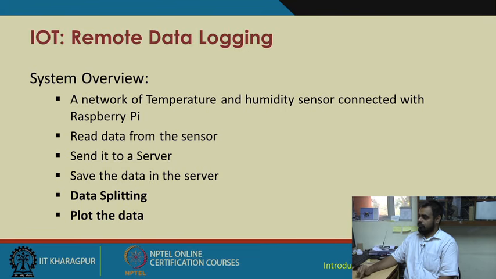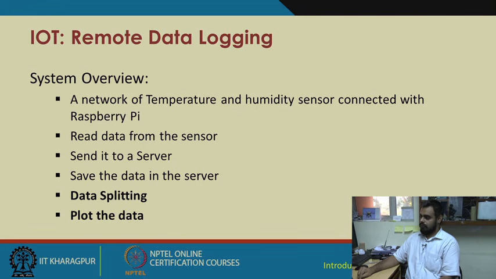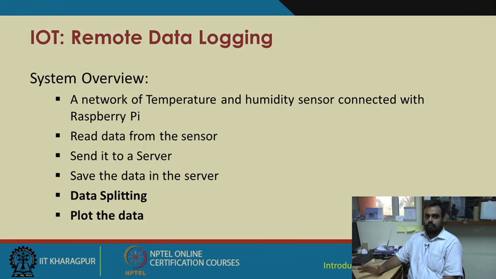Again, going through the system overview, as you can see, we'll first start off with a network of temperature and humidity sensors connected with a Raspberry Pi board. For this demonstration, we have connected only one sensor to a single Raspberry Pi. We read data from that sensor, we send it to a remote server over the network, we save the data at the server.